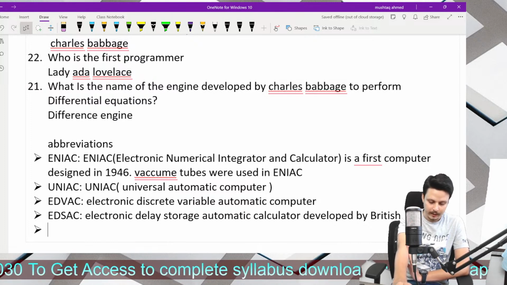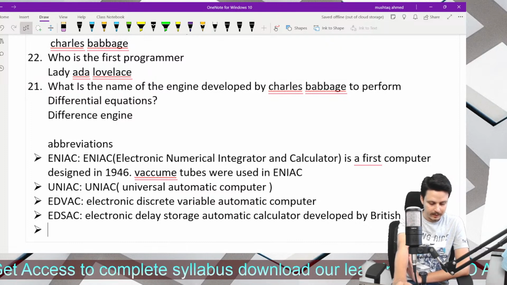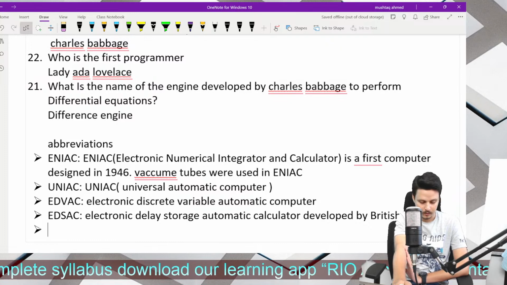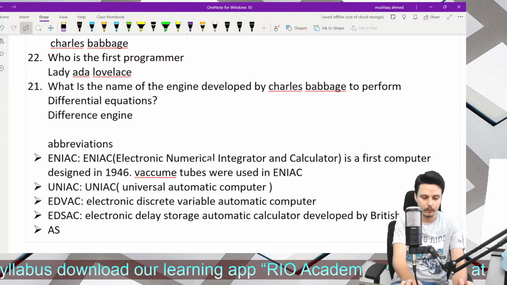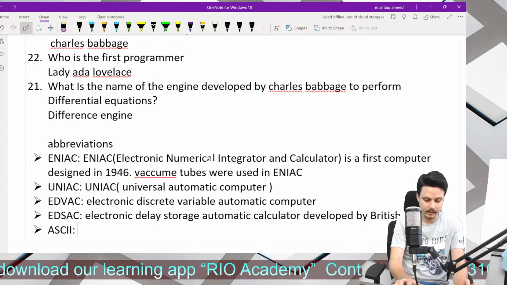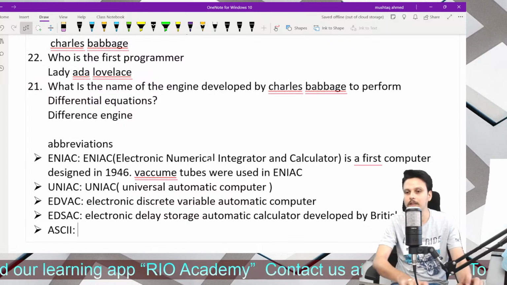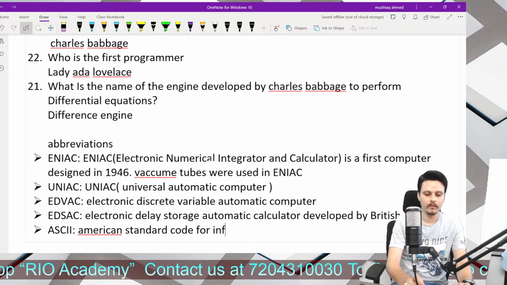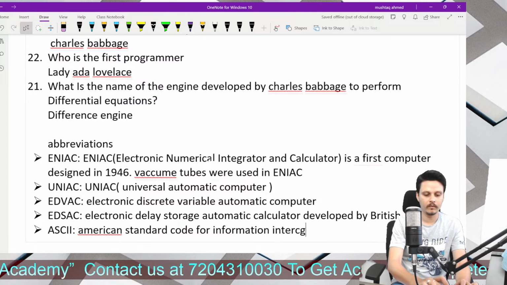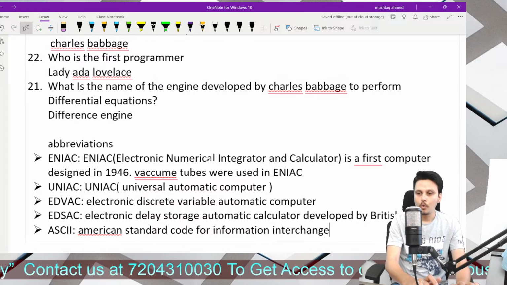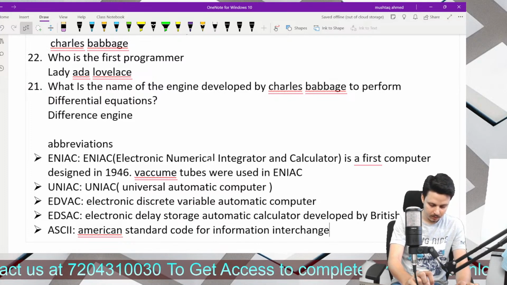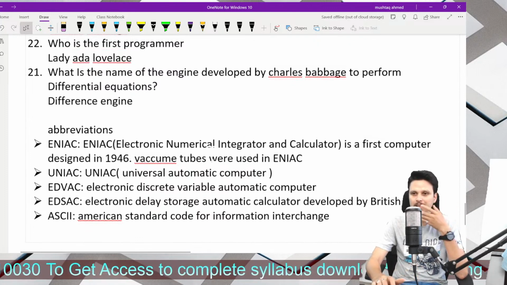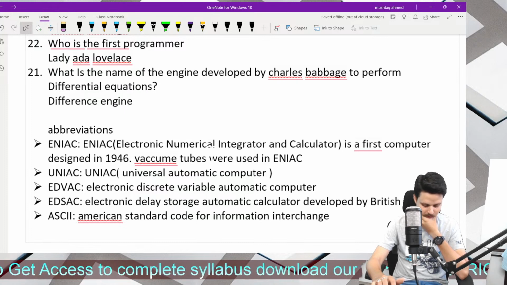In ASCII format or in EBCDIC format. ASCII is the American Standard Code for Information Interchange.